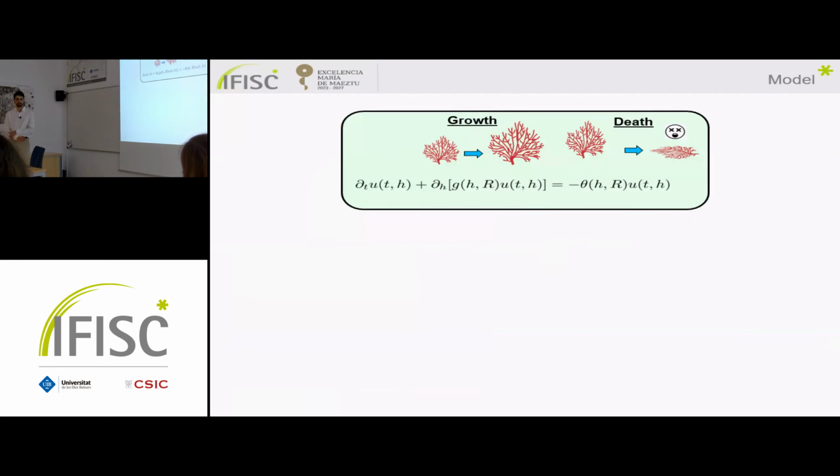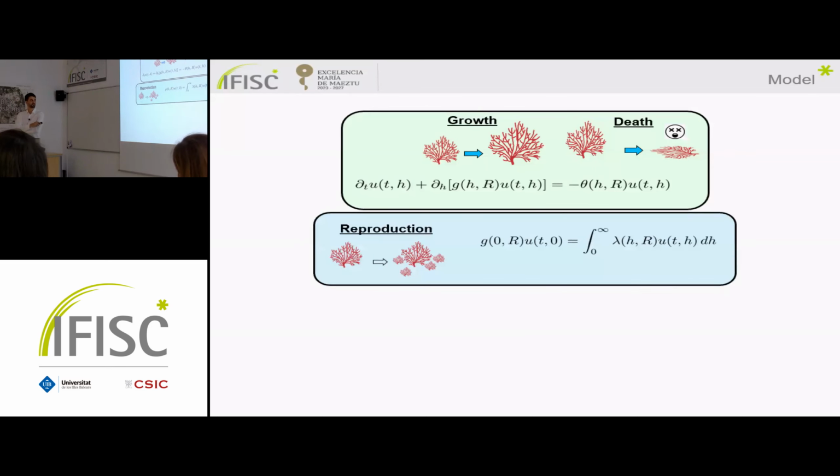So here I introduce the first part of our model, the deterministic model. We have the density of colonies of a given height that evolves following this equation, where we consider growth of the colonies, death of the colonies, and also reproduction.